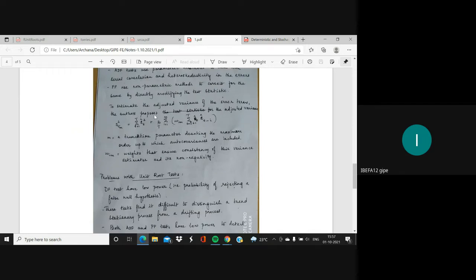So instead of actually modifying the regression equation itself, what Phillips and Perron did was change the test statistic which is used after the estimation. To estimate the adjusted variance of the error terms, the authors proposed a particular formula. I'm not going into the details of the test statistic itself and what this entire formula means.